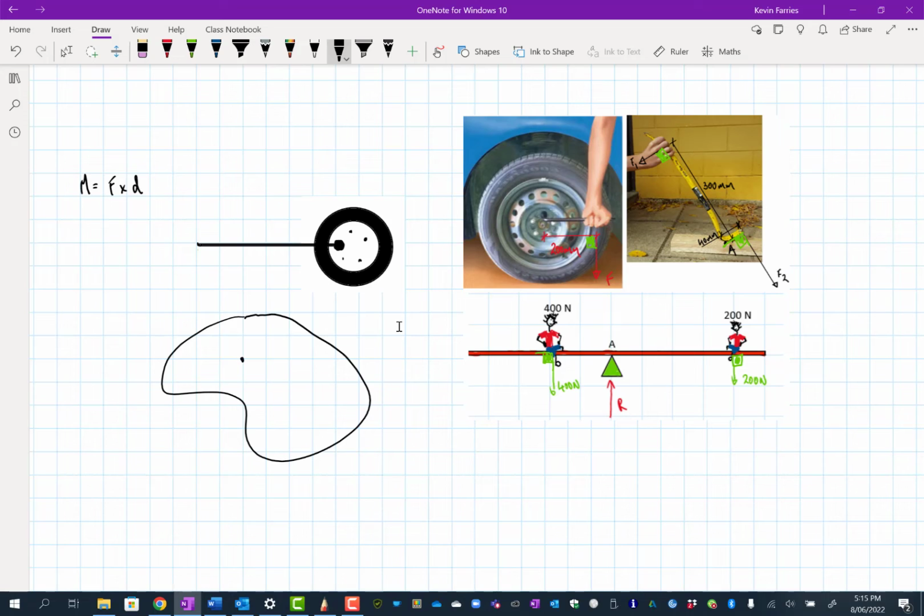It might be fixed at one point and you've got some forces acting at other points, and they could be acting at different angles. So what happens then? We'll have a look at that with a small model that I've made up, and we'll see if there's a way that we can figure out the moments for a more generalized situation.